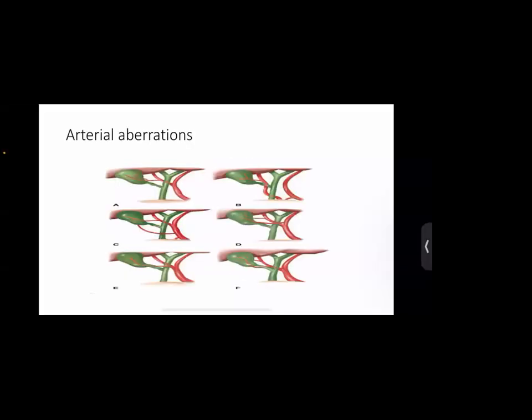Common bile duct and the inferior surface of the liver. These are arterial aberrations that are found in patients. The most common anatomical type is the type A. You can see within the Calot's triangle the different arterial aberrations.